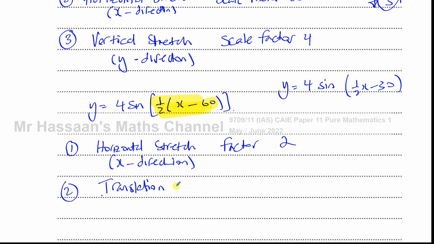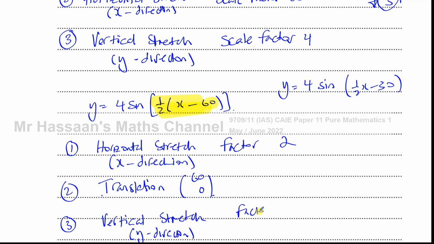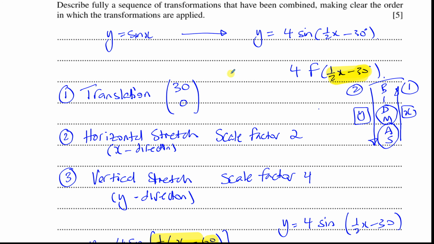But this time the translation would be (60, 0), and then we would have our vertical stretch, and this is in the y direction, and the scale factor would be 4. Okay, so these are the alternative ways of dealing with it.